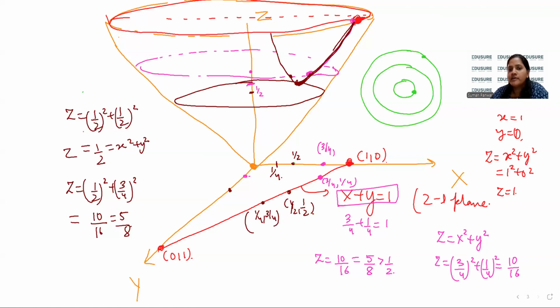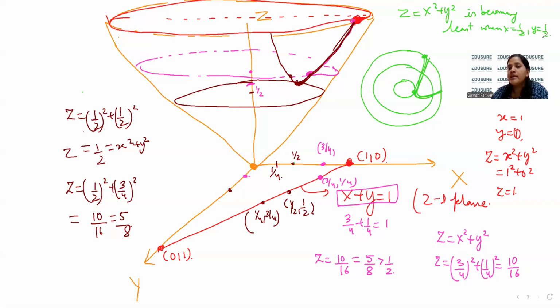The curve was crossing level curves like this, level curves like this, and then it is actually taking a turn back. Okay. So you note that the value of z equals x square plus y square is becoming least when x equals half, y equals half.